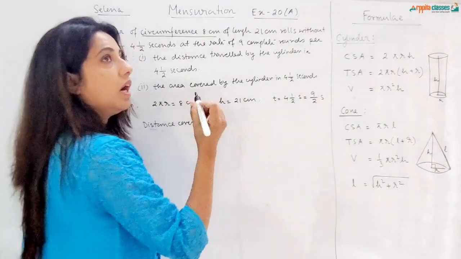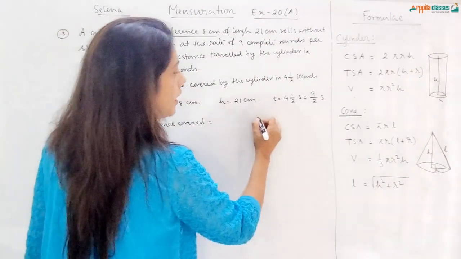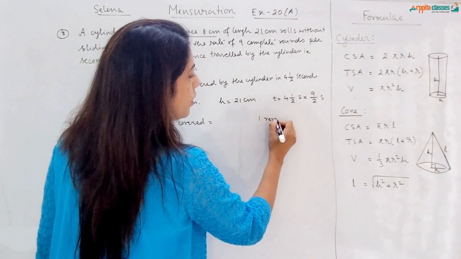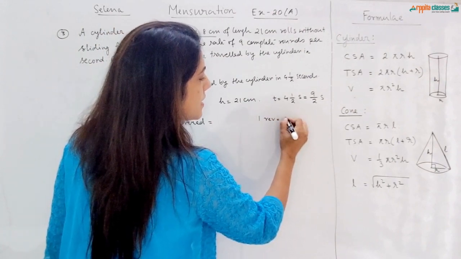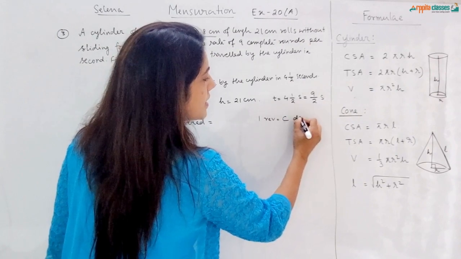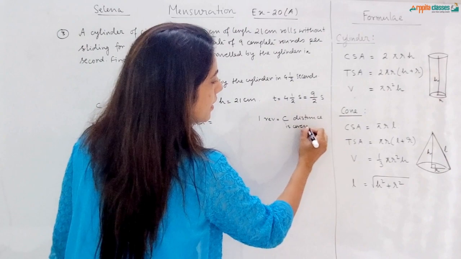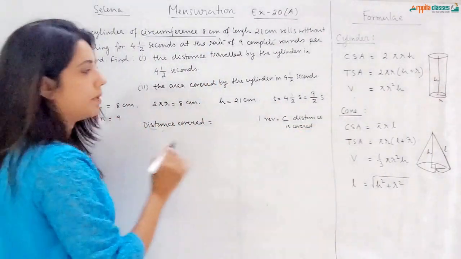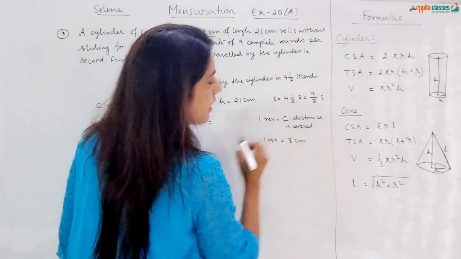in one round it is taking the circumference, we can write down here, in one revolution circumference, that is C, distance is covered, and circumference is given as 8 cm. So in one revolution 8 cm is covered.